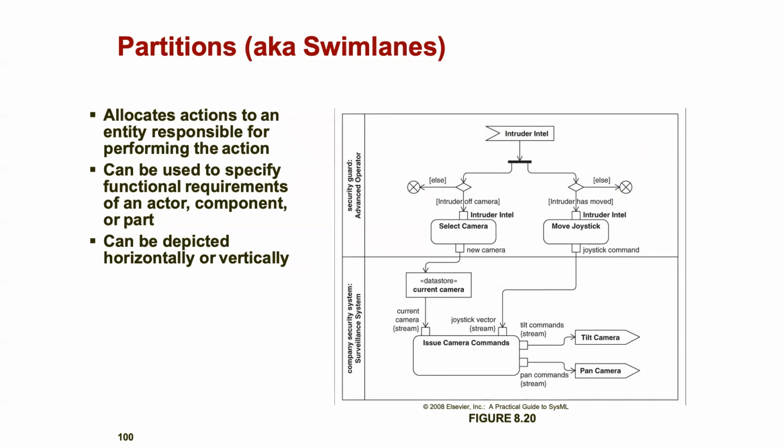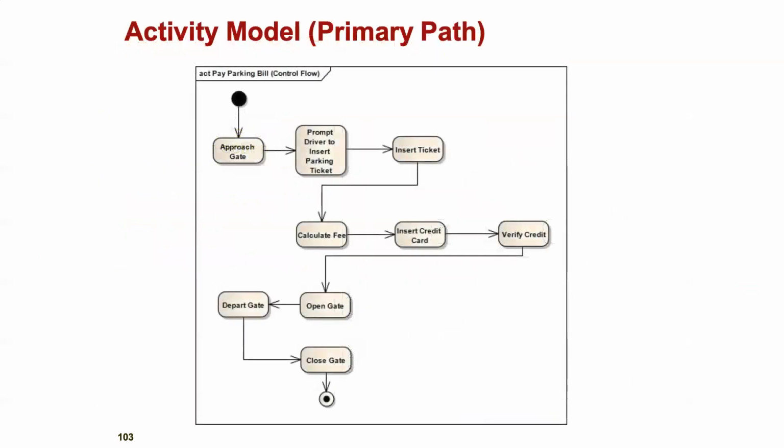It can be depicted horizontally or vertically. And so here we're showing it horizontally. We saw some examples of that earlier for the flow of an automobile powertrain. We can have it vertical. So either way are things that we can be using.